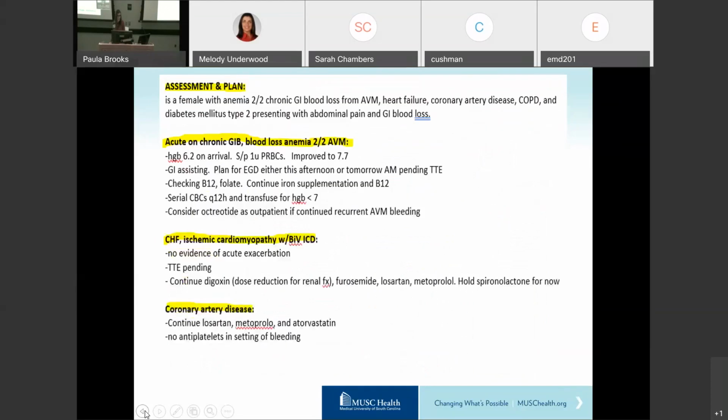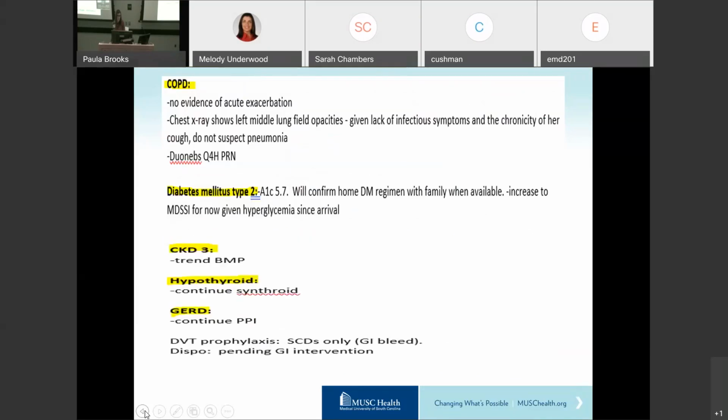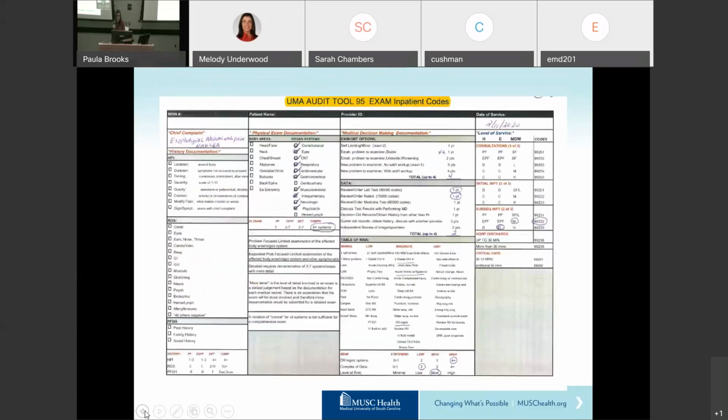But nothing in this note is pointing, or it's all stating to basically continue this type of medication. There's nothing alarming with this patient. Continue their Synthroid. So again, this one comes out to a 99232.